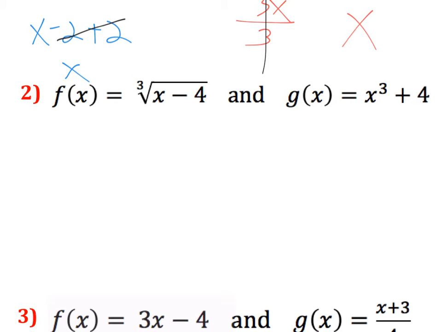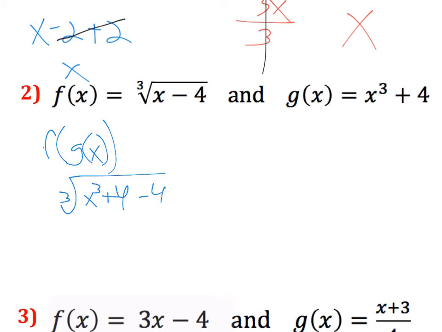First one, if I plug g into the f function, that'd be the third root of x cubed plus 4 minus 4. Plus 4 minus 4 cancel. I have the cube root of x cubed, and that's just going to be x. So it works that way.